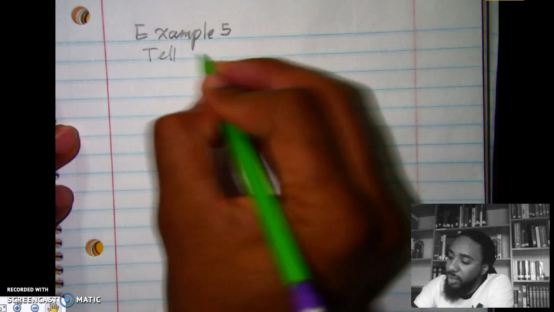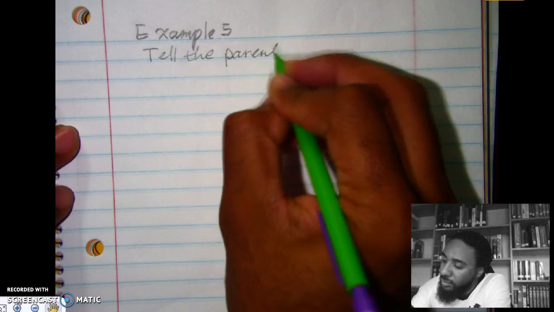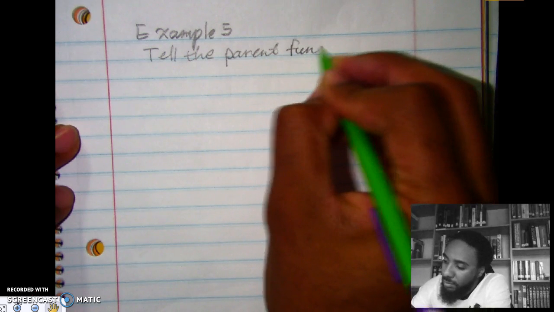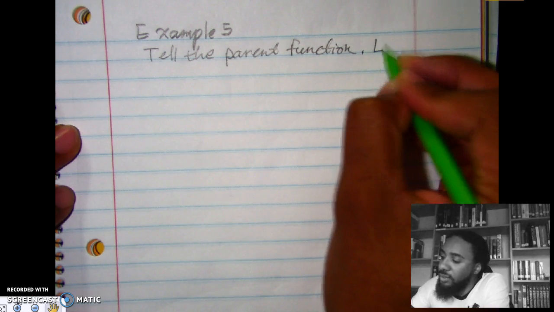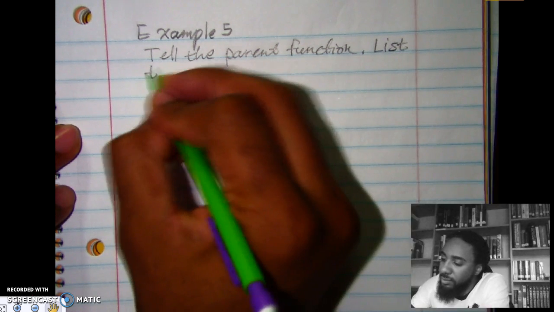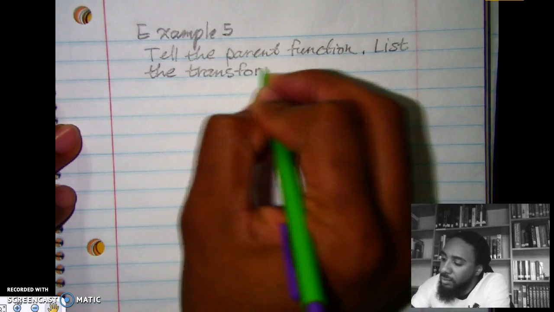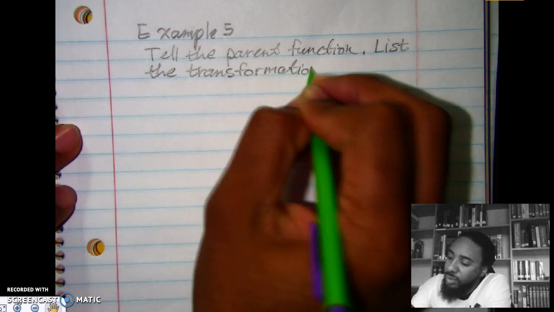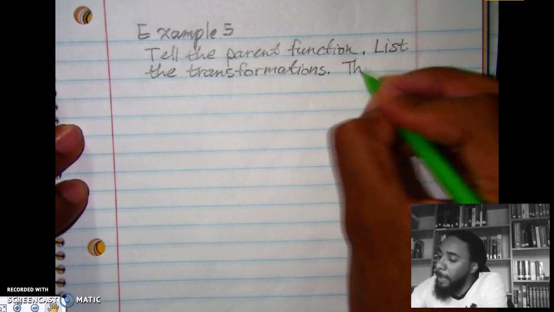We're going to do everything. So we're going to tell the parent function. We're going to list the transformations. So we're doing with C and B. And then we're going to graph.